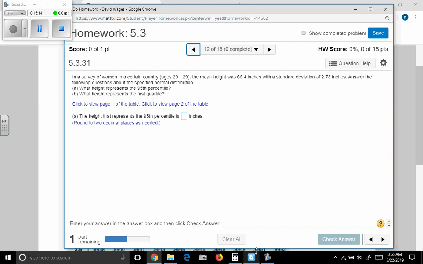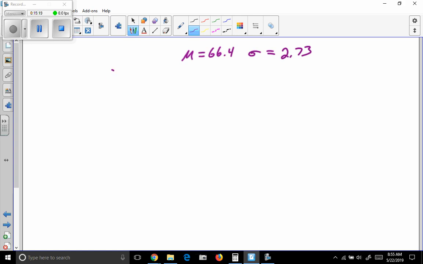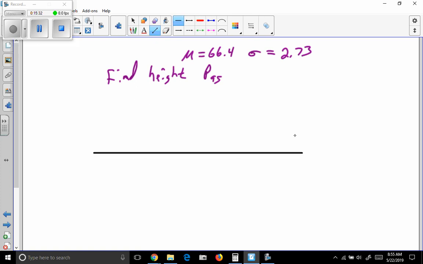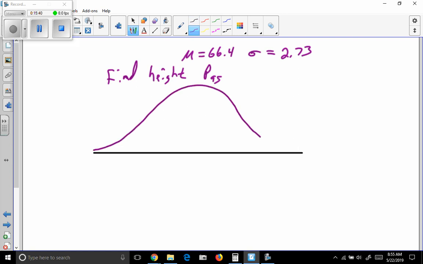What height represents the 95th percentile? So we're looking for the height that goes with the 95th percentile. We're assuming that this is a normal distribution. We know that for this distribution, the mean is 66.4 with a standard deviation of 2.73.